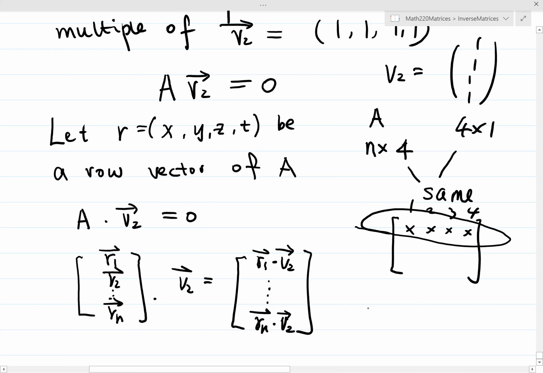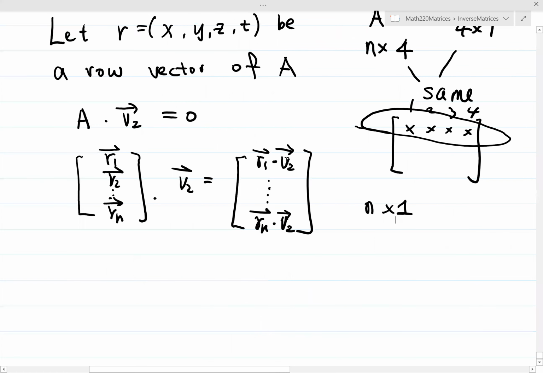So this will be n rows by 1 column. To make sure that V2 lies in the null space, we need the row vectors R1, R2, up to Rn to be orthogonal to V2. So let's use the general row vector dotted with V2, which should be 0.